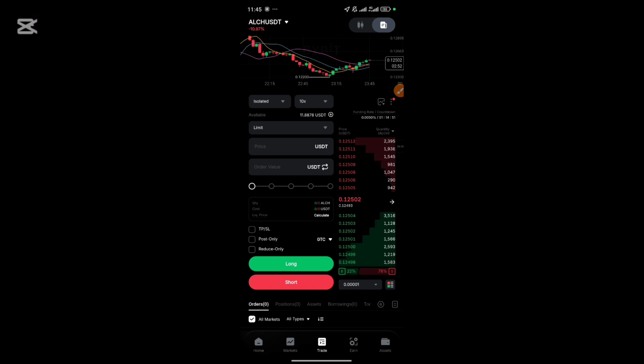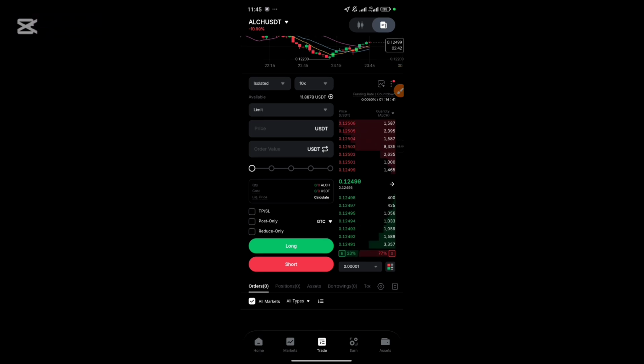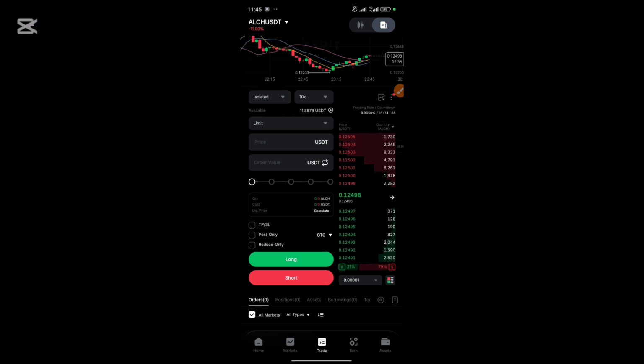But when you are trading some shitcoins, you can see the volatility from the interface of your app, and you are to ensure that you apply proper leverage. So leverage is one key thing you must know that is needed in applying proper risk management.